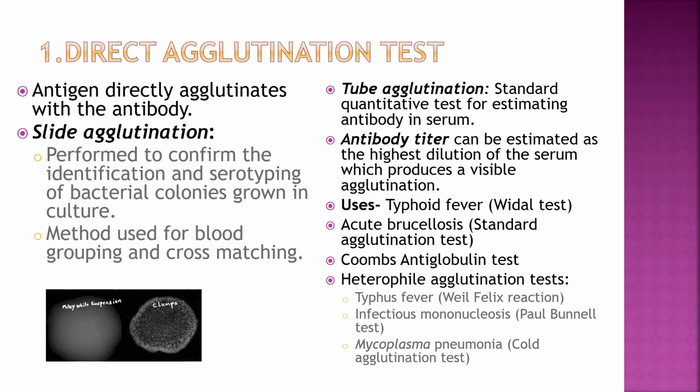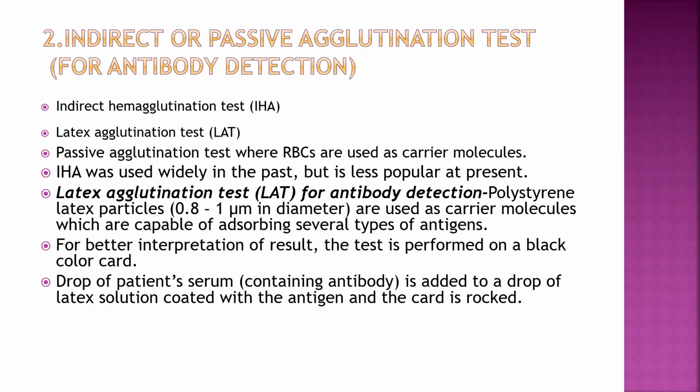Methods are slide and tube method, and uses are typhoid fever, Widal test; acute brucellosis, standard agglutination test; Coombs antiglobulin test; and heterophile agglutination tests. Examples: typhus fever, that is the Weil-Felix reaction; infectious mononucleosis, Paul-Bunnell test; mycoplasma pneumonia, cold agglutination test. Indirect or passive agglutination test is for antibody detection. Examples are indirect hemagglutination test, latex agglutination test, and passive agglutination test, where RBCs are used as a carrier molecule.